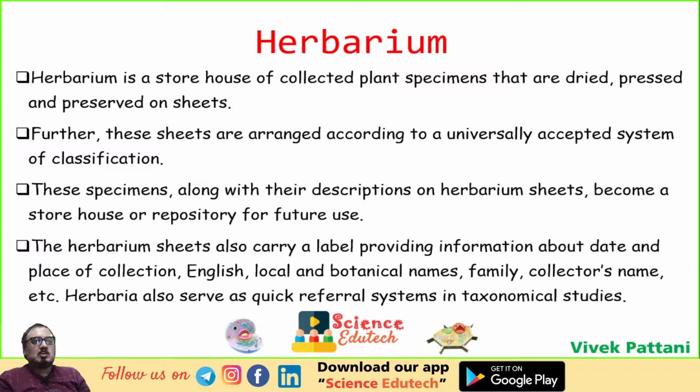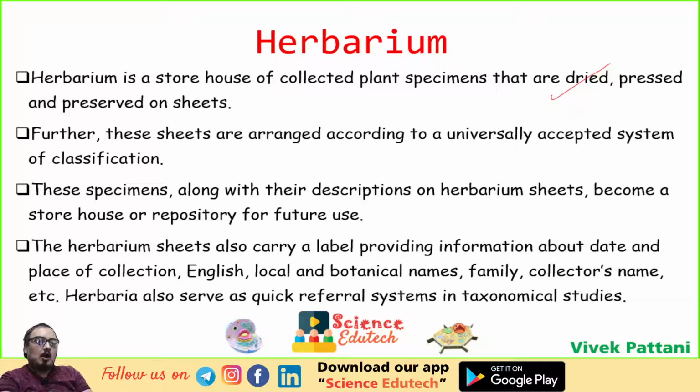Herbarium is basically a storehouse of plant specimens collected from different localities, and these specimens are basically pressed, dried and mounted on appropriate sheets and arranged according to some known systems of classification and kept in proper wooden or steel cupboards.